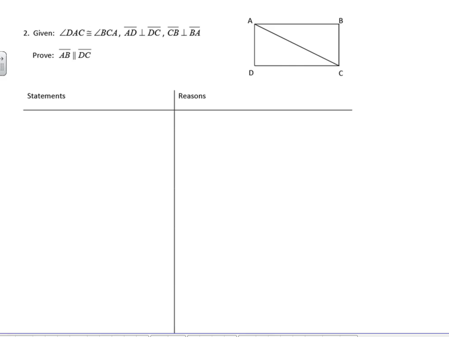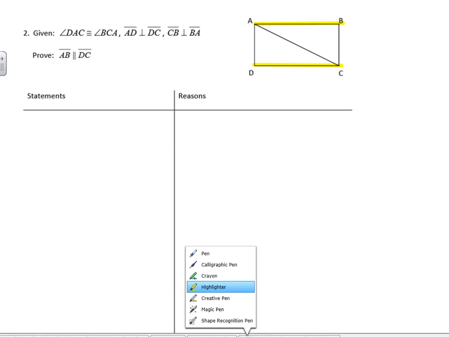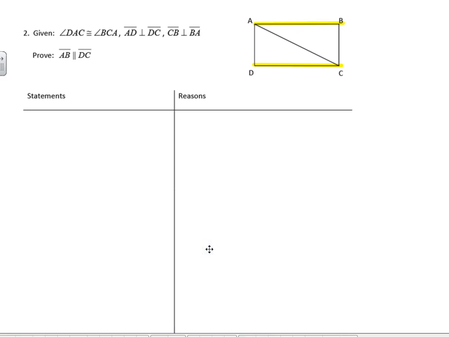All right, now here again, begin with the end in mind. We're trying to prove, and here's where some highlighters might help you, that AB is parallel to DC. Well, what proves that lines are parallel?